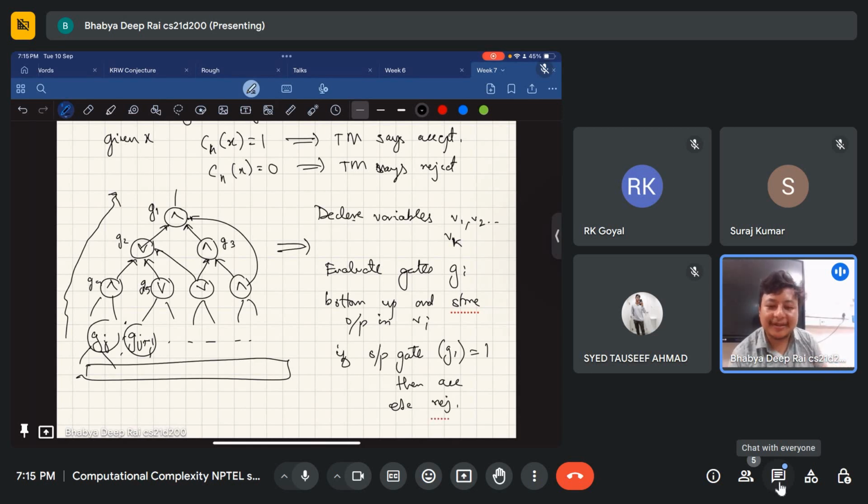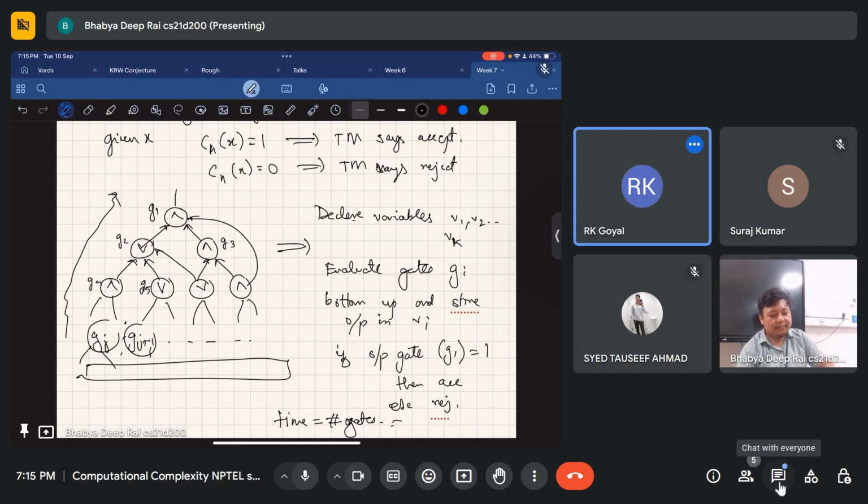And how much time does it take? Time is equal to the number of gates, roughly. Yes, which is polynomial. No, I was about to say this, but somehow I'm mixing this idea of circuitry with the space thing.